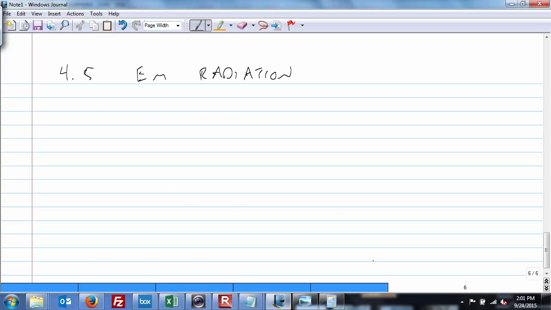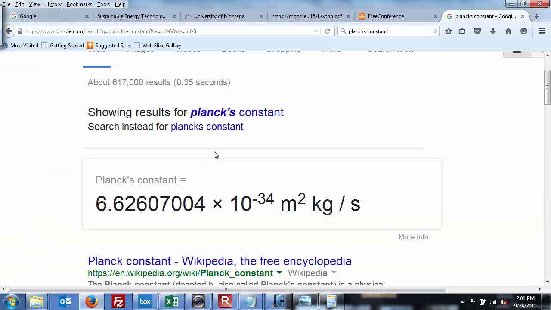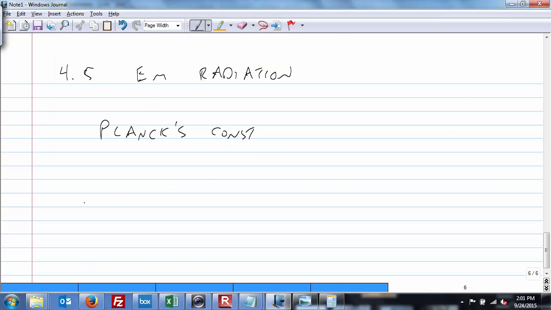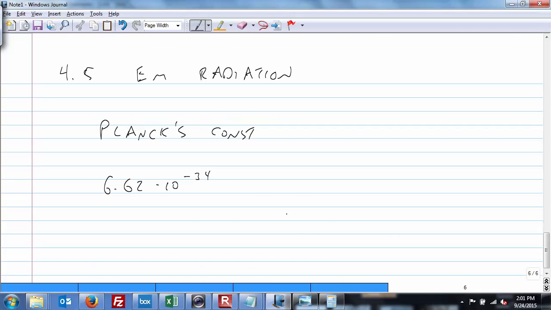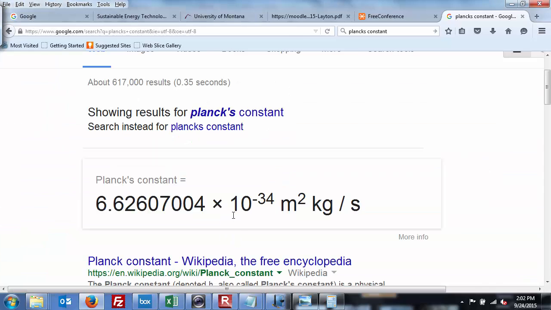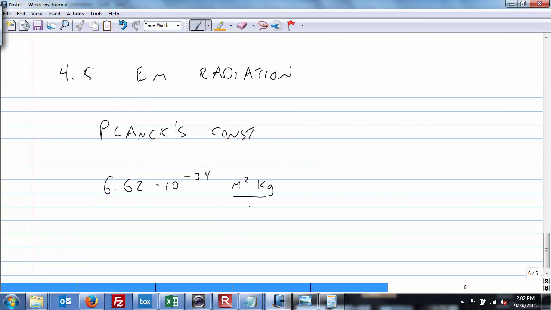Planck's constant is 6.62 times 10 to the negative 34, meters squared, kilograms. You know, why is there a kilogram floating around in a photon equation? But there it is, per second.